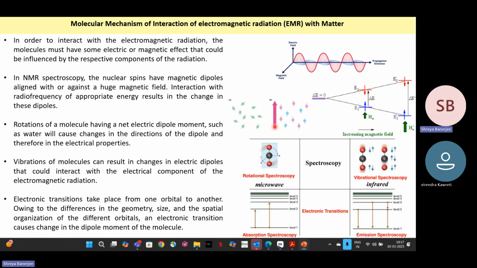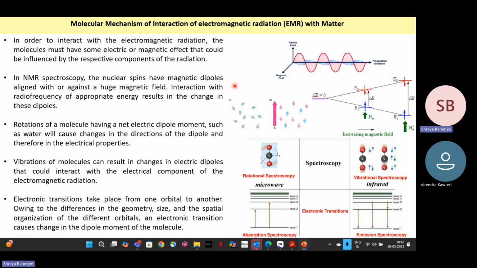In NMR spectroscopy, we have seen that the nuclear spin has magnetic dipoles, which in the absence of a field are randomly oriented. But when you provide an external magnetic field, the magnetic dipoles can orient themselves in the same direction as the field, in which case we get a lower energy state, or they can orient themselves in the opposite direction of the field, in which case we get an upper energy state.